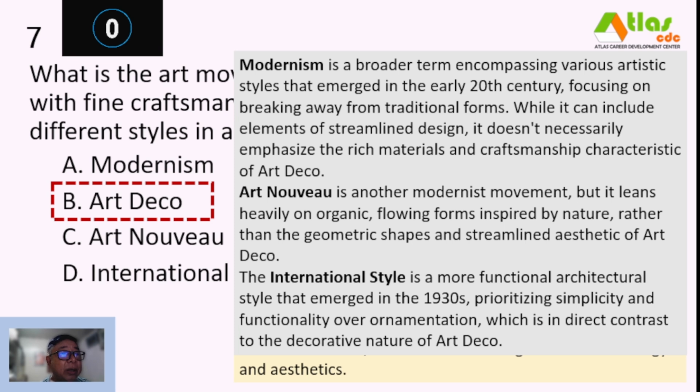Art Nouveau is another modernist movement, but it leans heavily on organic flowing forms inspired by nature, rather than the geometric shapes and streamlined aesthetic of Art Deco. The International style is a more functional architectural style that emerged in the 1930s, prioritizing simplicity and functionality over ornamentation, which is in direct contrast to the decorative nature of Art Deco.